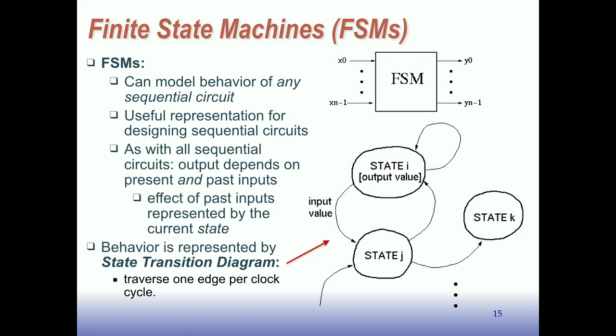On every clock edge, we have the opportunity to either stay in the same state or move to a different state. The inputs are coming in synchronously with the clock, and the state changes are happening with the clock. This is a powerful notion. We can represent lots of different types of circuits this way, but I'll show you some simple examples so you get the idea.